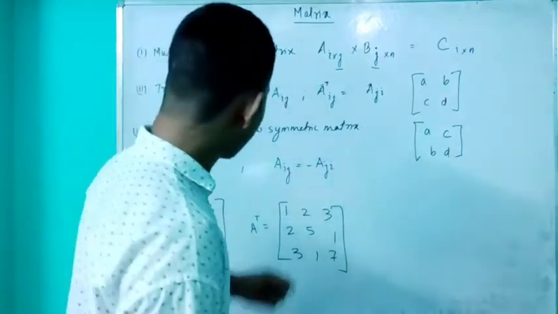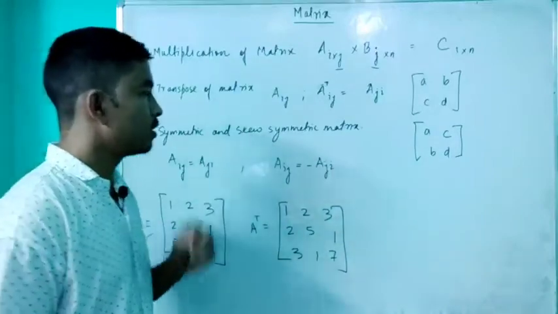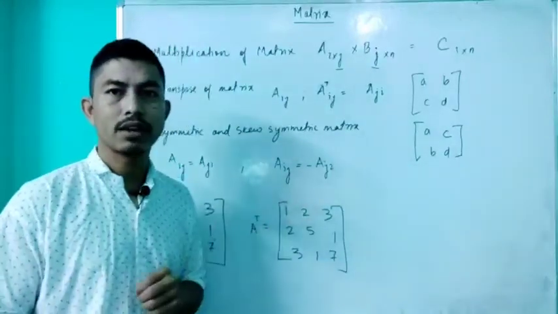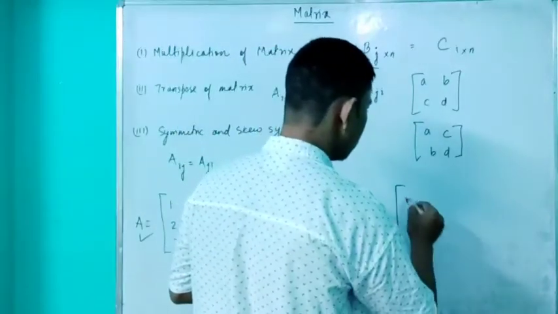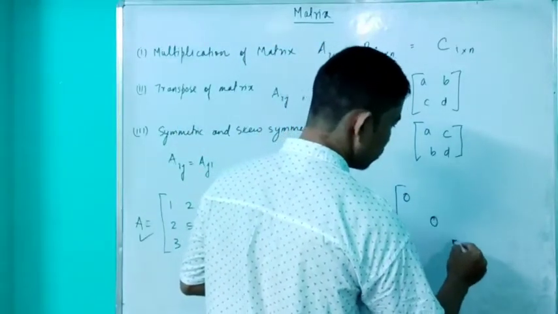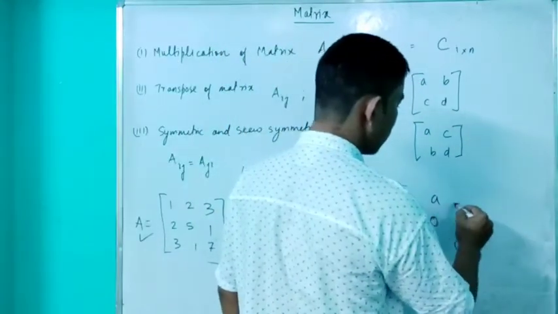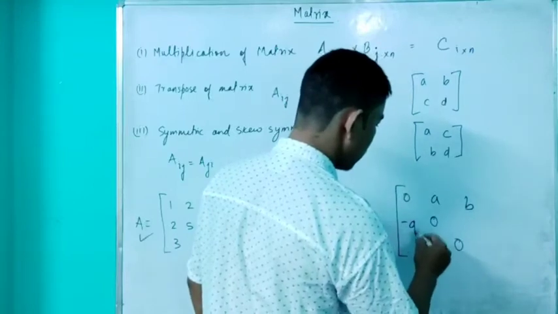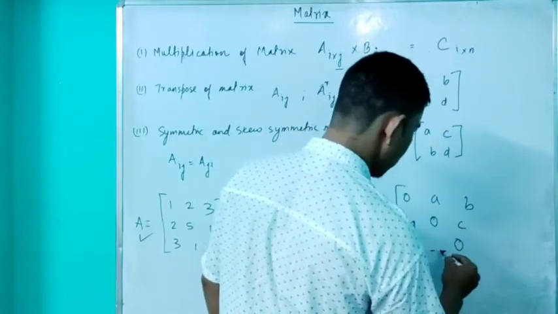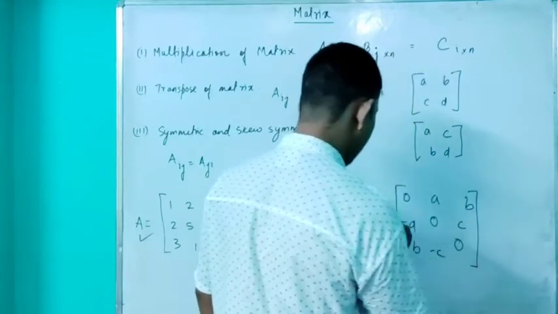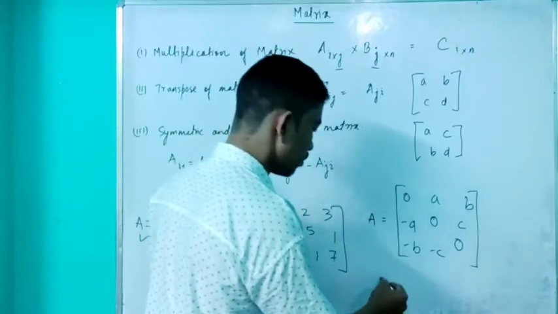Okay, so now coming to the skew symmetric matrix, also remember that in a skew symmetric matrix the leading diagonal always remains 0. Here all of these three diagonal entries remain 0. If I write 0, a, b, minus a, 0, c, and minus b, minus c, 0, and A is the given matrix in this form, if I transpose it, what will I get?